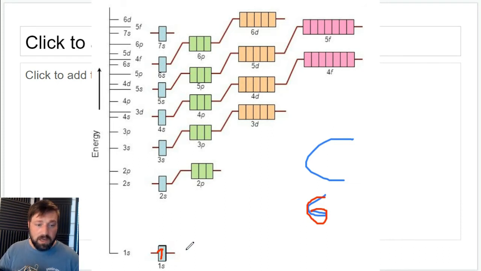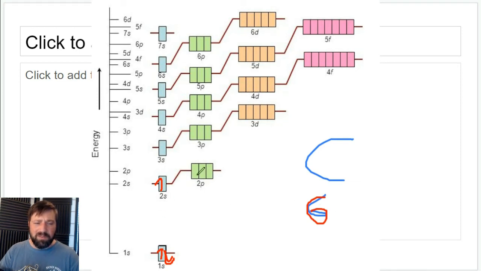Then the second electron comes in. It does not want to move up the stairs, so it has to be here. There's no other rooms on the first floor, so it has to be a roommate, and it's going to be spinning down. So that's going to be our first 2 electrons. Our third electron sees that 1s is filled, so it's going to move up to 2s and fill up here. Then the next electron is going to fill in with 2s.